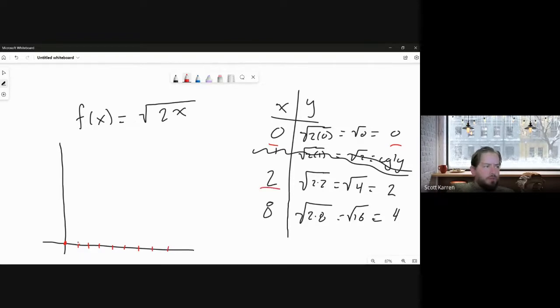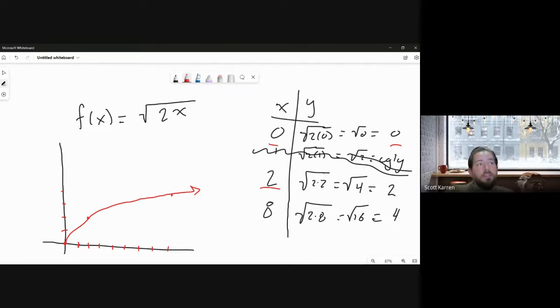So I get all the way to 2 before I hit 2. And then I get all the way to 8. 1, 2, 3, 4, 5, 6, 7, 8 before I get to 4. And so I get something that looks like this. Sort of like that. Right? And again, it's hard to tell what's happening here.